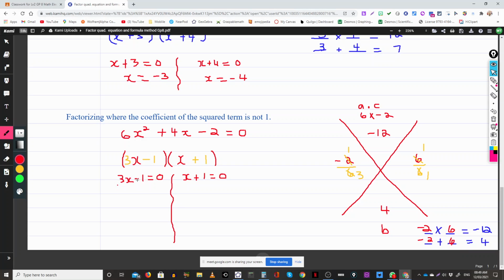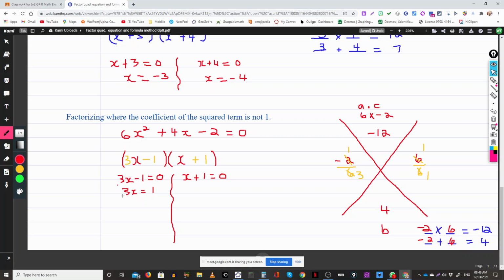So in this case, we take the 1 across, the 3x stays by itself over this side, and the negative 1 becomes positive 1. Alright? Don't worry about the 0 because 0 plus 1 gives you 1 anyway. Then we want x by itself. Remember how to transpose for that.